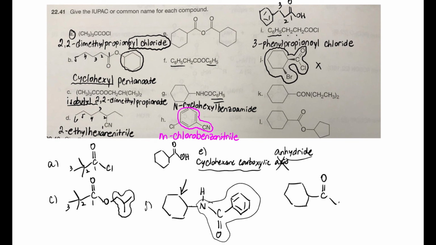In molecule K, we have a nitrogen, and we have 2 ethyl groups, okay? Now, the carboxylic acid is attached to the 6-membered ring, so we want to name it like we did in part E. That's cyclohexane carboxylic acid, right? So this is going to be a cyclohexane carboxamide.